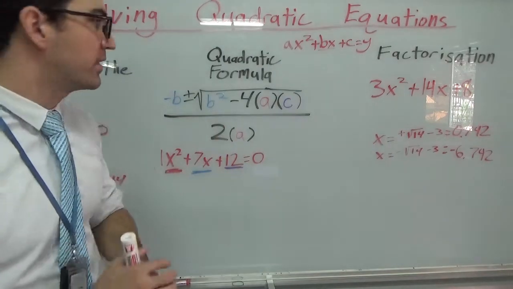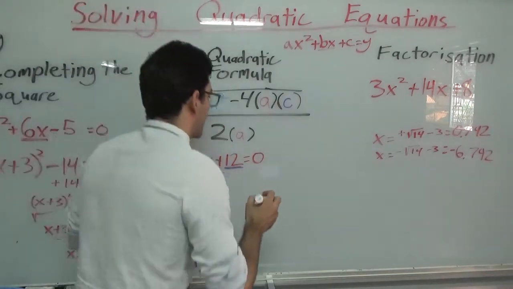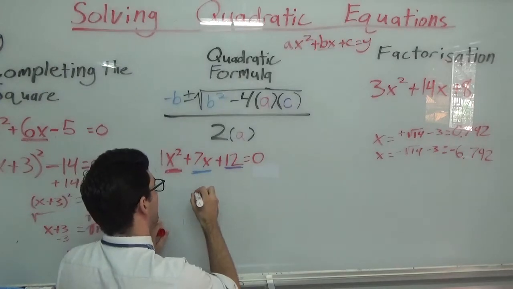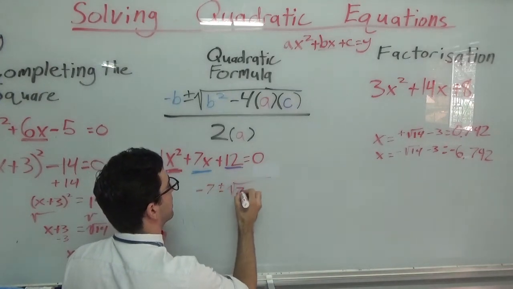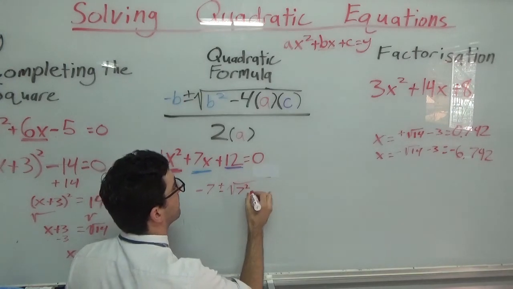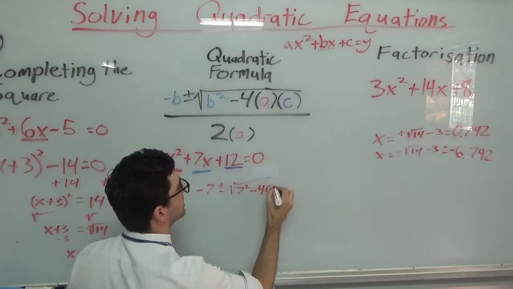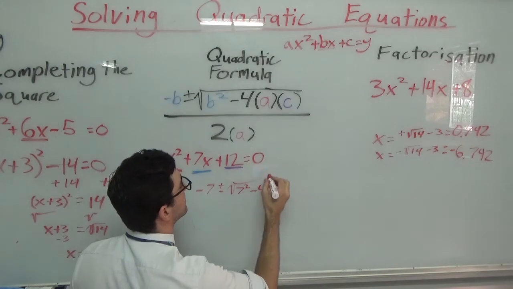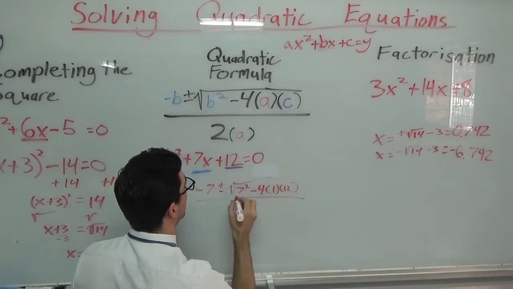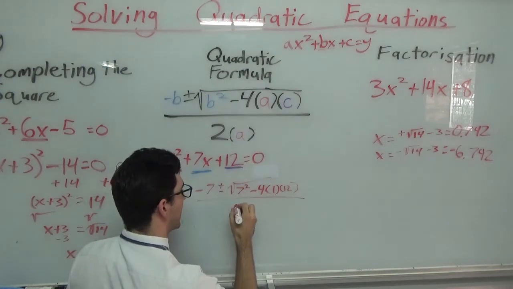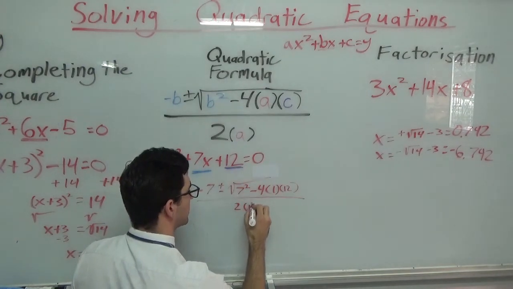So we will just plug in those numbers. We have negative 7 plus or minus the square root of 7 squared minus 4 times 1 times 12 all over 2 times a, 2 times 1.